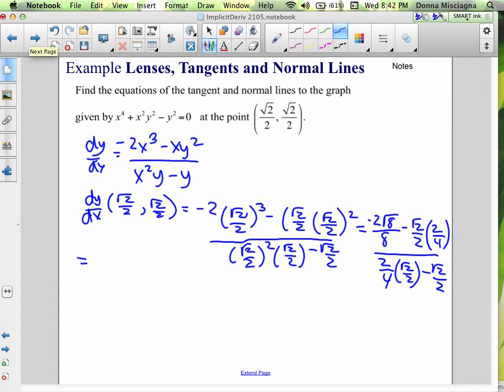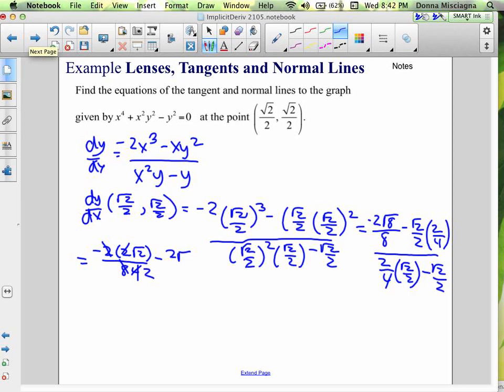So that's going to be negative 2 times 2 square roots of 2 all over 8, minus, and, well, we should probably reduce, right? So that's a 4. And actually, that's a 2. So now we've got the square root of 2 over 2, negative square root of 2 over 2, minus.